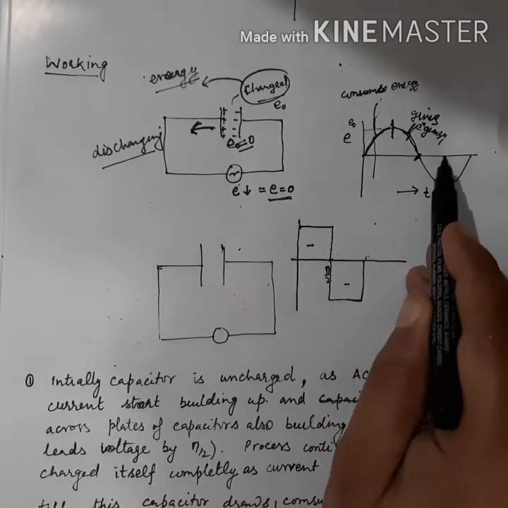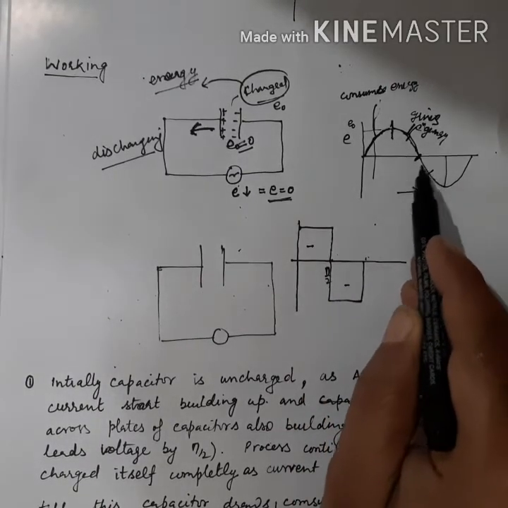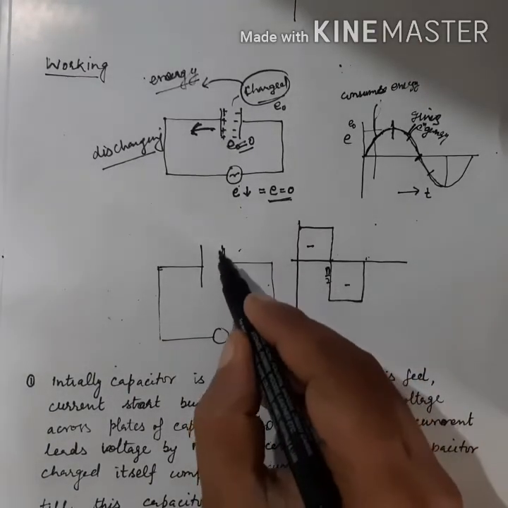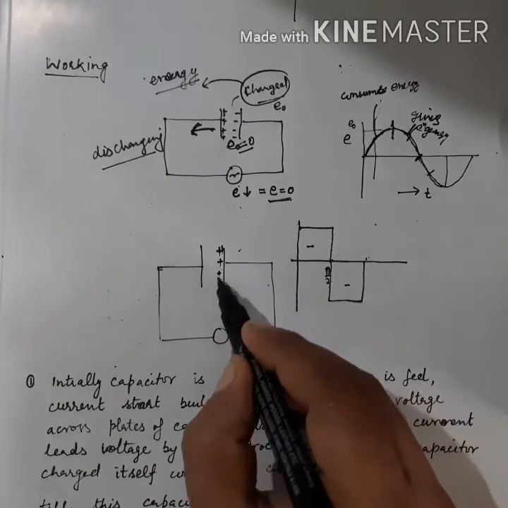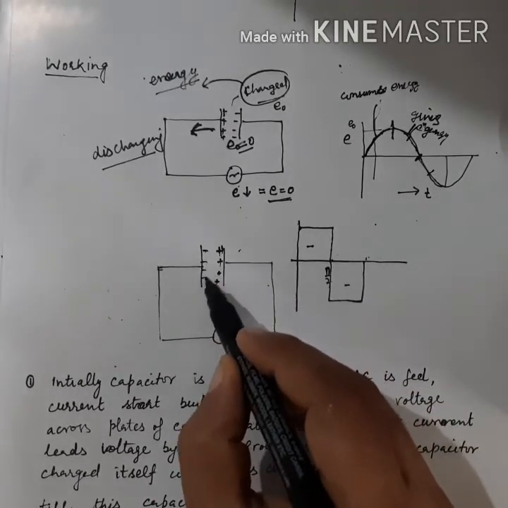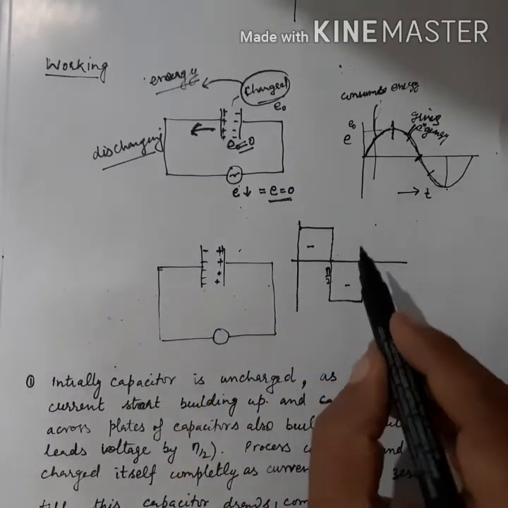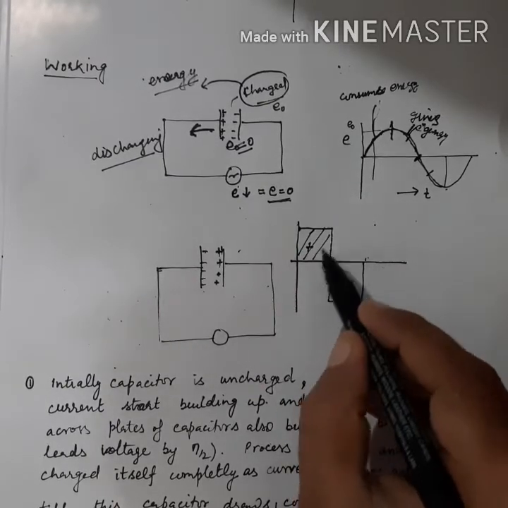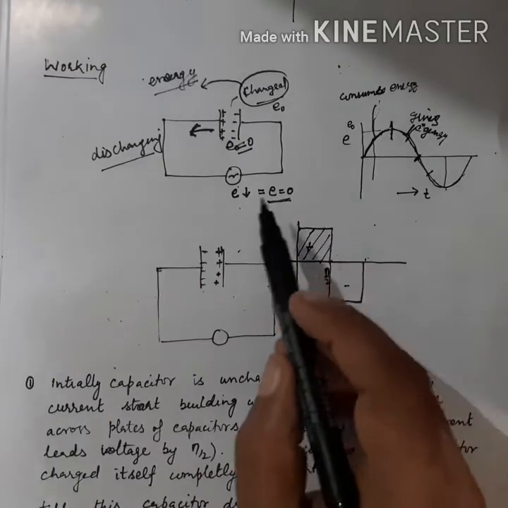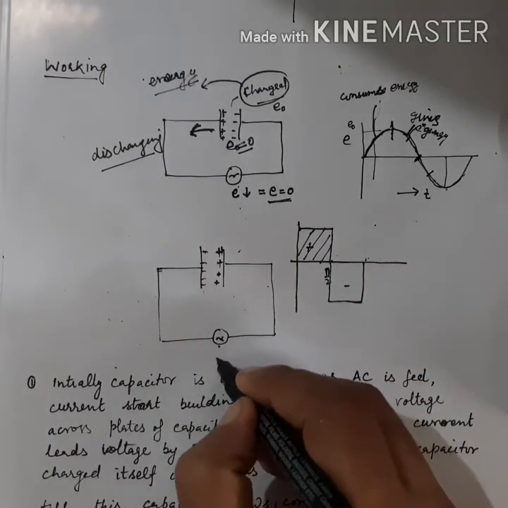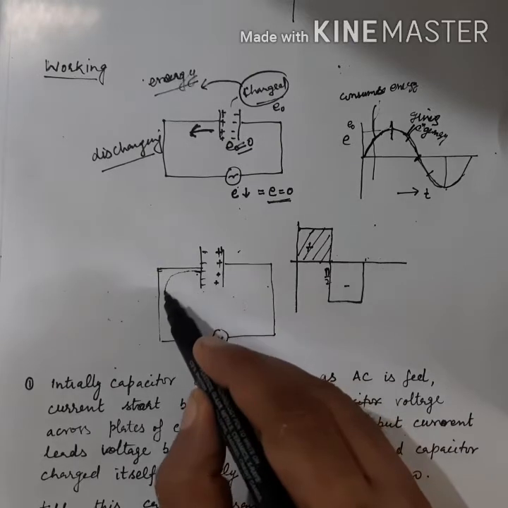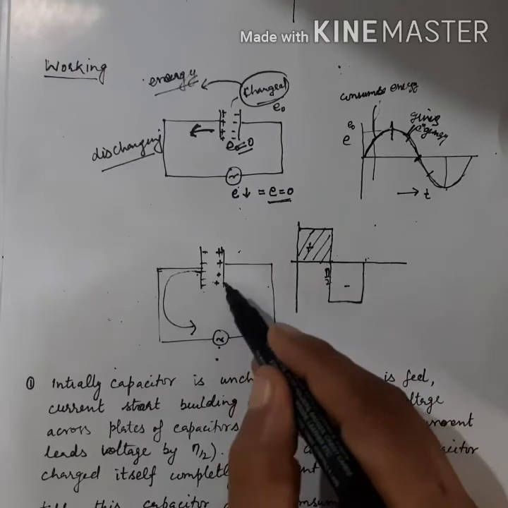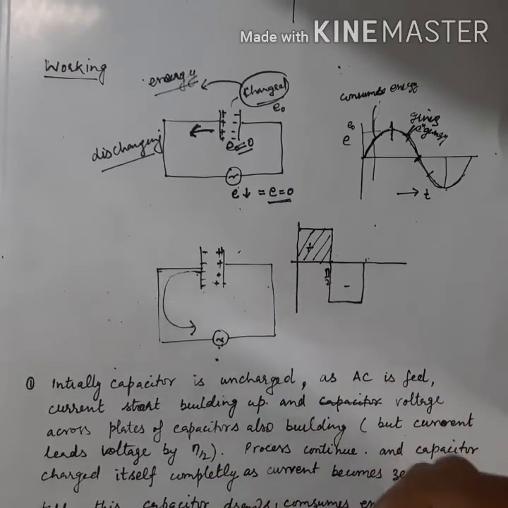For the next half cycle similarly, because the power supply voltage is increased now, there will be a charging of this capacitor but in the opposite direction. So from here to here it consumes the energy, represented by the positive part, and then for this part again the power supply decreases. As the power supply decreases, it tries to compensate by supplying the charges to make the potential difference equal to the potential of the power supply.